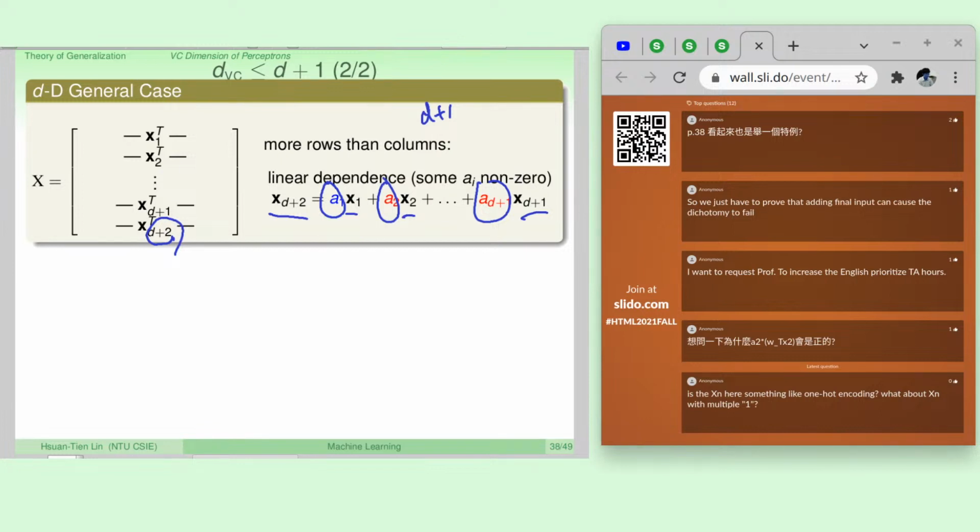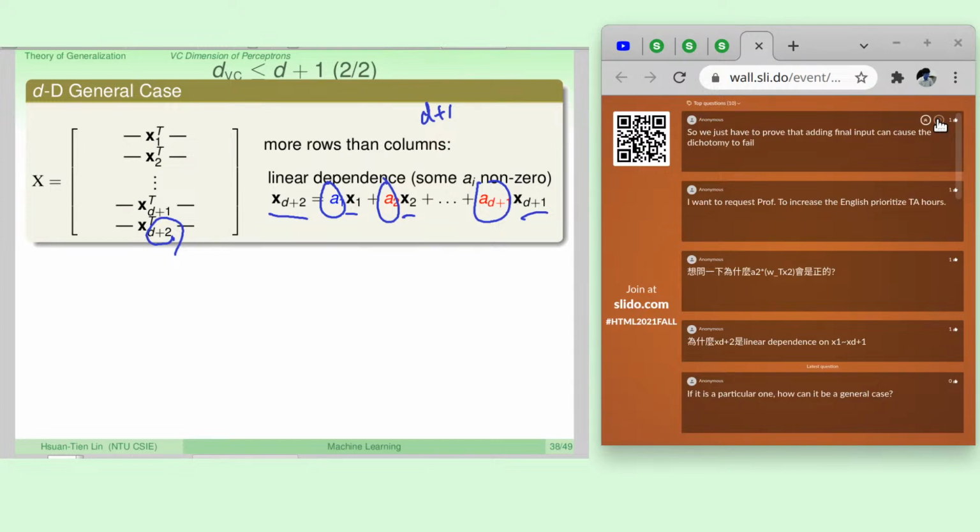But linear algebra tells us that as long as I have more than d plus 1 vectors, there must be linear dependence, which I can express with this linear dependence equation. So on page 38, we're working on a general case, not a special case. We're proving that adding a final input can cause the dichotomy to fail. Yes, indeed, we're showing one dichotomy that basically cannot be implemented with the final inputs because of the linear dependence.